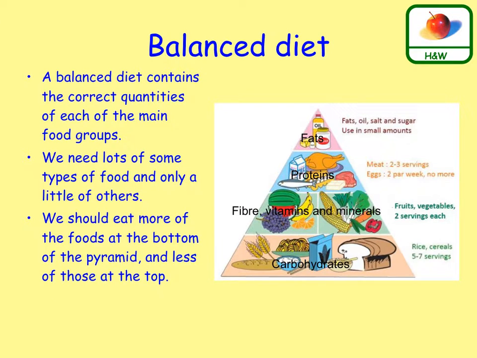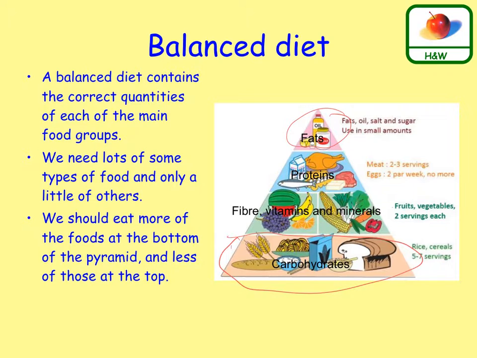And you probably will know this already, that a balanced diet has to have the correct quantities of each of the main food groups. We need lots of some types of foods and only a little of others. So on this food triangle, or food pyramid, it's saying we should eat more of the foods at the bottom and less of those at the top.